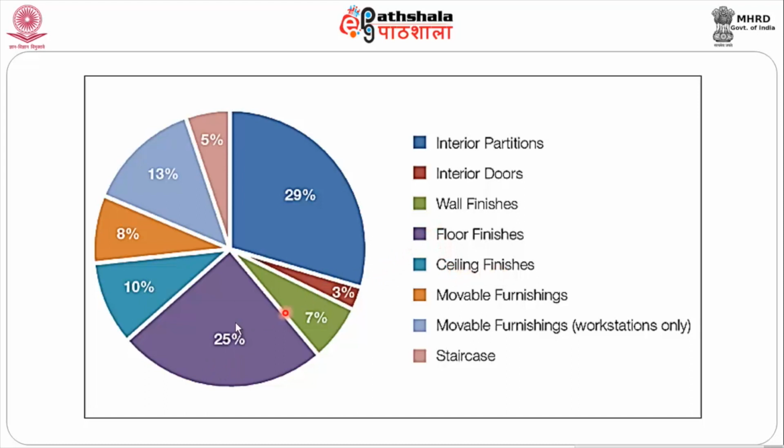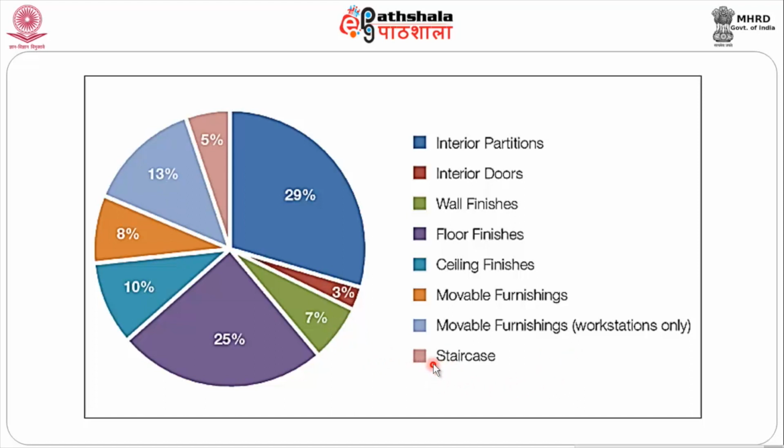And then we have ceiling finishes. Ceiling finishes again, we can go for plaster of Paris or gypsum board finishes. This also comes under a value of about 10% here. The movable furnishings like carpets, draperies and curtains come around 8% in terms of energy. And mobile furnishing like workstations used in office spaces comes to about 13%.